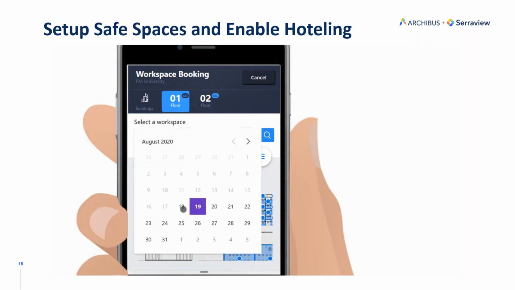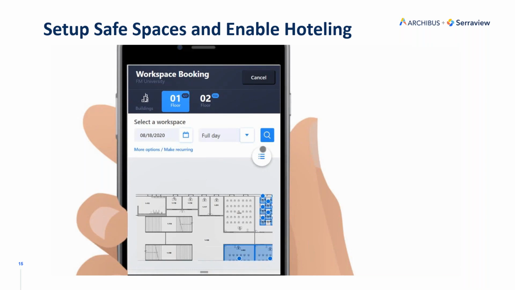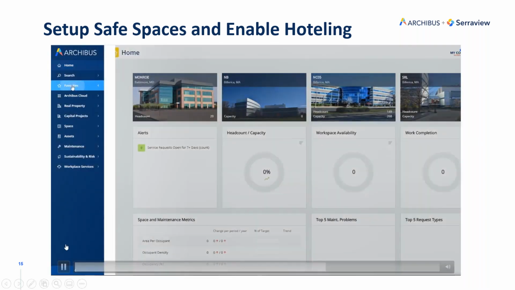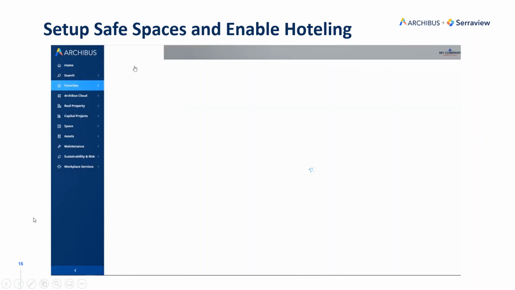Now remember, we actually applied also services connected to hoteling. So once that individual room is booked, it will automatically turn unavailable until services, in this case cleaning services, are actually performed on it.